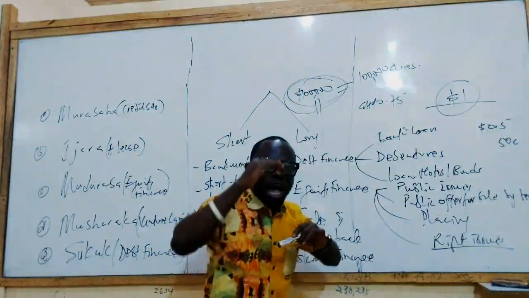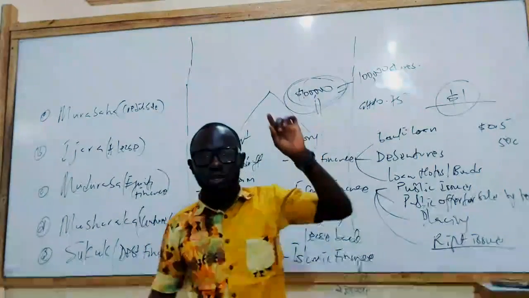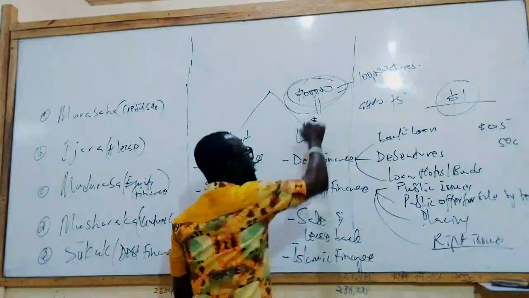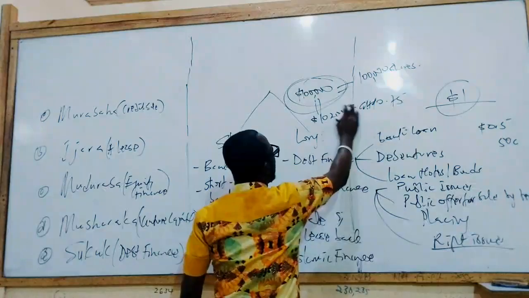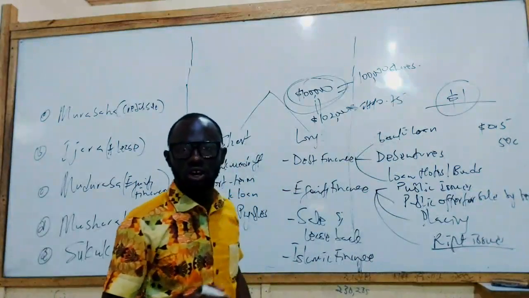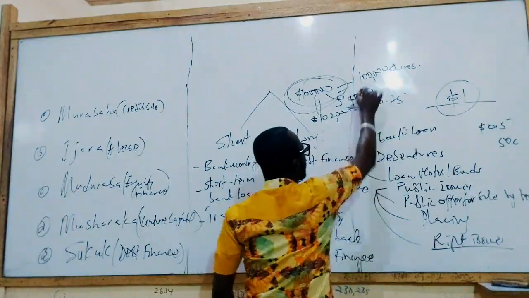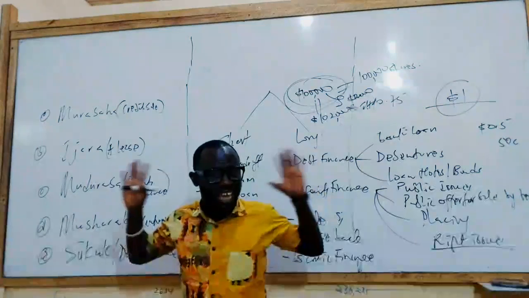So we are going to fix the price in such a way that we take into consideration the time value of money, so that you will be paying in 2 months' time maybe around $102,000. So that extra $2,000 is to take care of what? The time value of money. It is not interest.